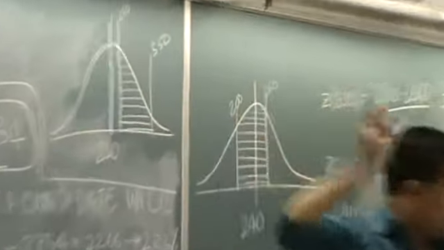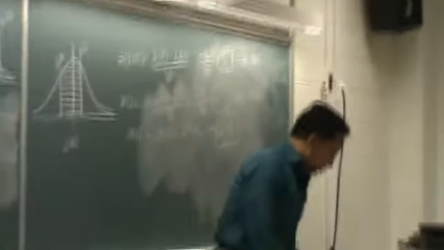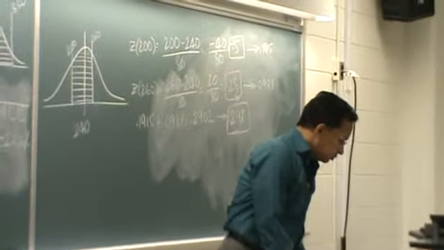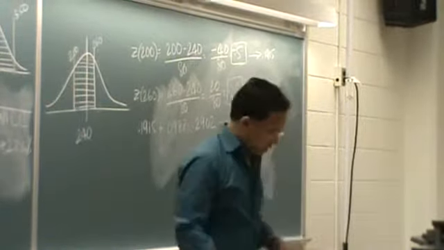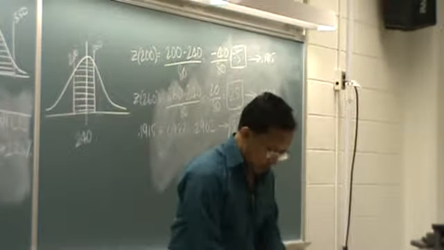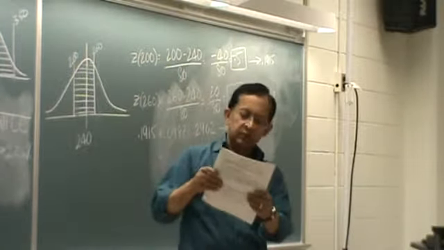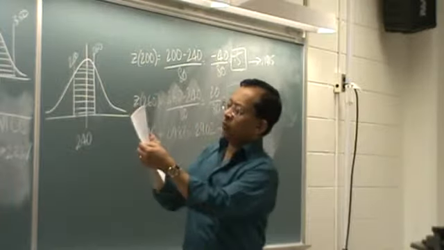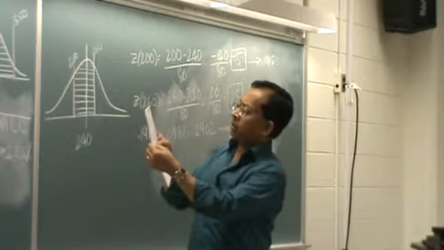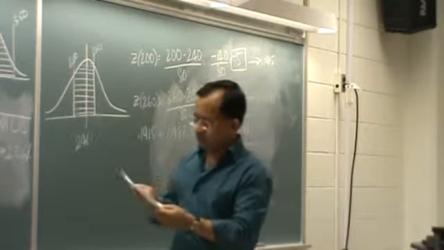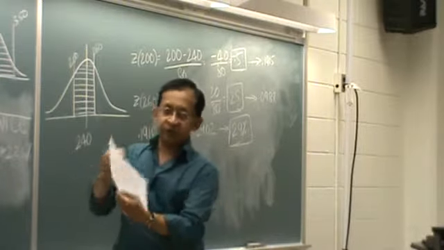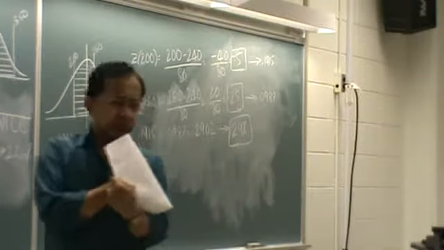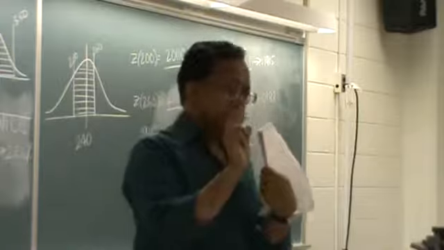From that z-score, what do we get? 0.125, am I right? Okay. So 0.125, let's look at this table. If you look at this table, we have 2 digits after the decimal point.